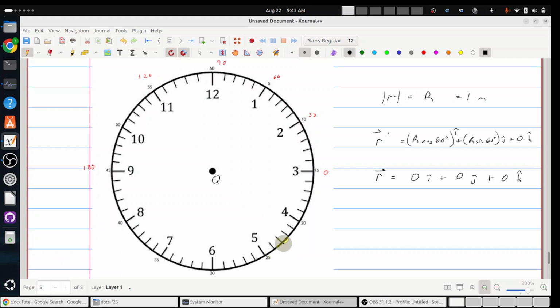I could use that R and R prime to calculate the force vector due to charge 1.